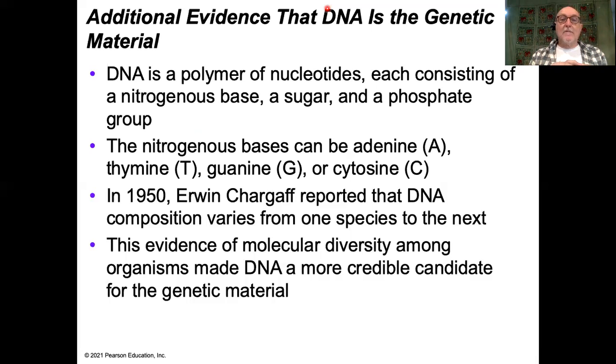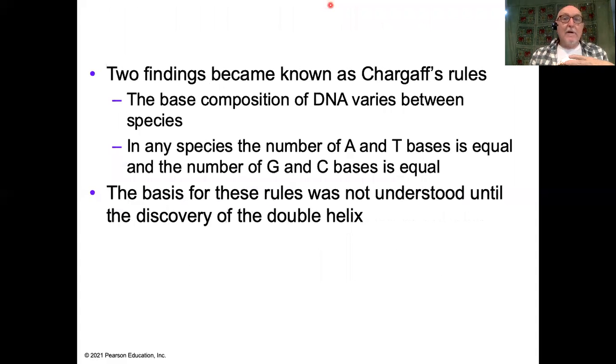And he noted that the DNA composition varies from species to species. So the proportions of these bases will vary from species to species. And this kind of diversity is underlain by a very important thing, which became known as Chargaff's rule.